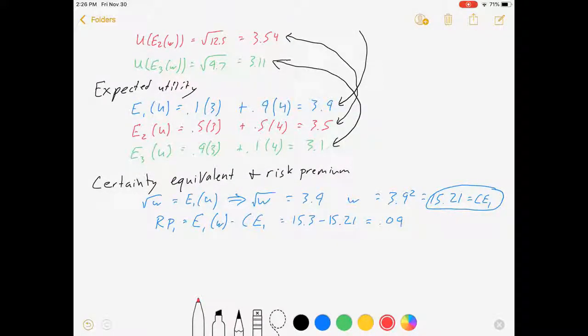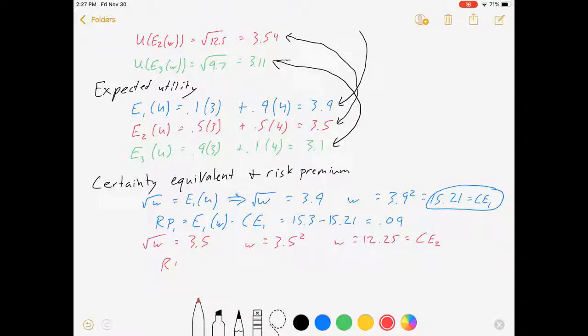If I want to get my certainty equivalent, square root of W is going to be equal to the expected utility under red, 3.5, which means W is equal to 3.5 squared, which means W is equal to 12.25, which is our certainty equivalent under the second distribution.